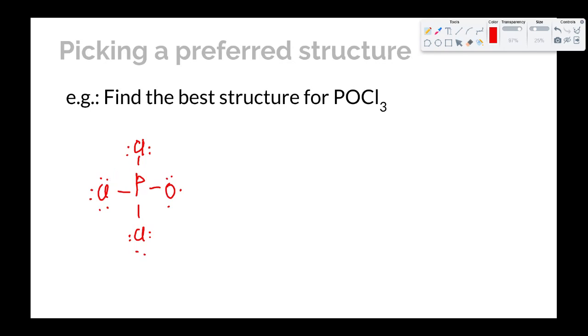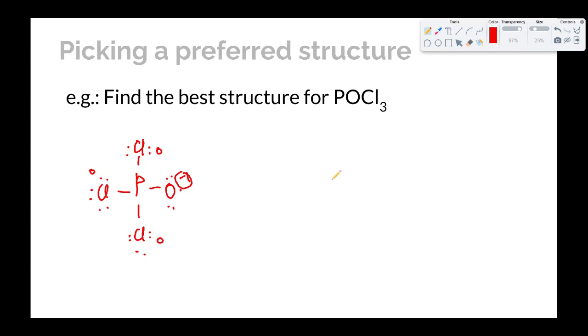Now let's assign formal charges. We've seen that single bonded oxygens are negative 1. We've done this one before. Chlorine, starting from 7 and counting down, 6, 5, 4, 3, 2, 1, 0. So that's a formal charge of 0. This chlorine is a single bonded chlorine as well. That'll be 0. This will also be a 0.